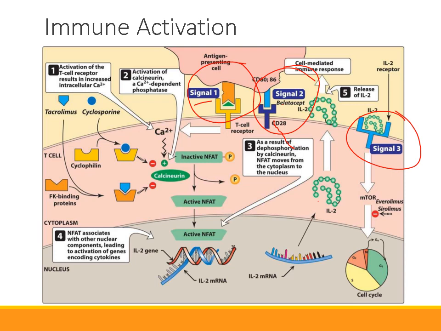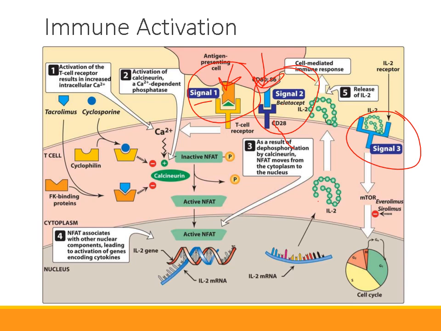It has to have this presentation of the antigen. So here you can see the antigen presenting cell presenting the antigen, and there are 2 binding sites that are required. We call this co-stimulation.